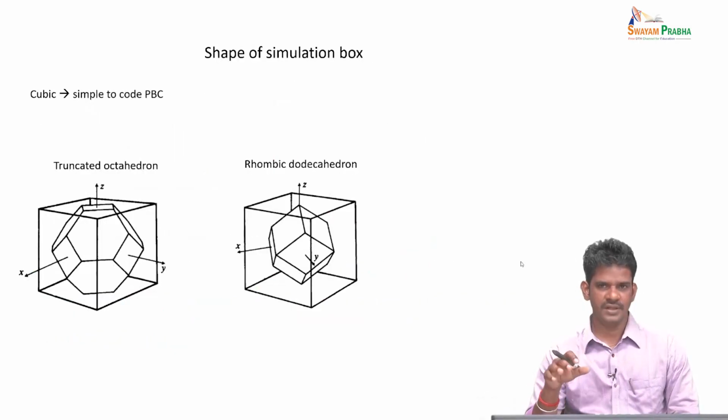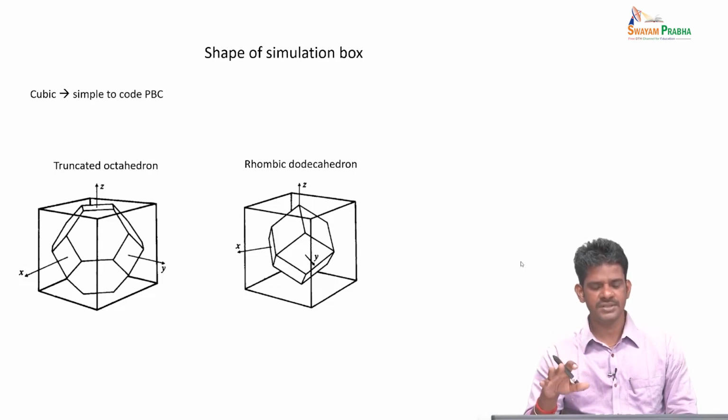Now, in the periodic boundary condition, I showed a square box in 2D, and in 3D this will be a cubic box. Most of the time we take a cubic simulation box because, as you will see in the subsequent slides, coding the periodic boundary conditions becomes very easy. But that doesn't mean we are limited to only a cubical shape of simulation box.